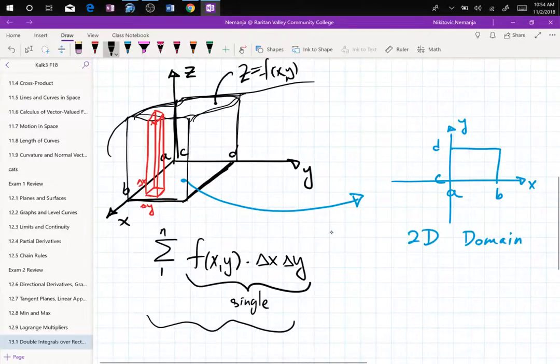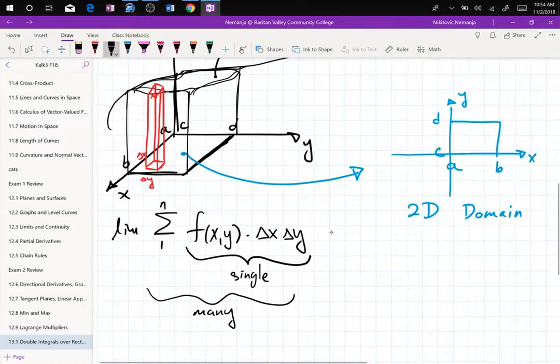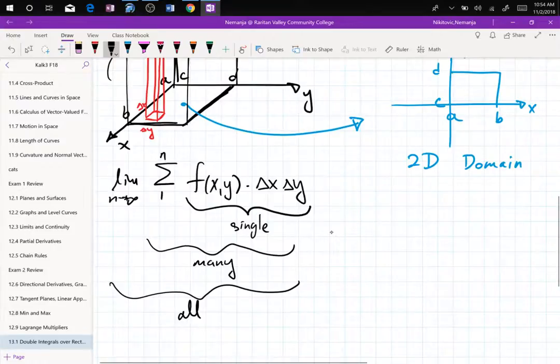Then I have many, because we go up to n. And then finally, limit to send n to infinity for all. It's exactly the same thing like in Calculus 1, except you are adding another layer of integration on top of everything.